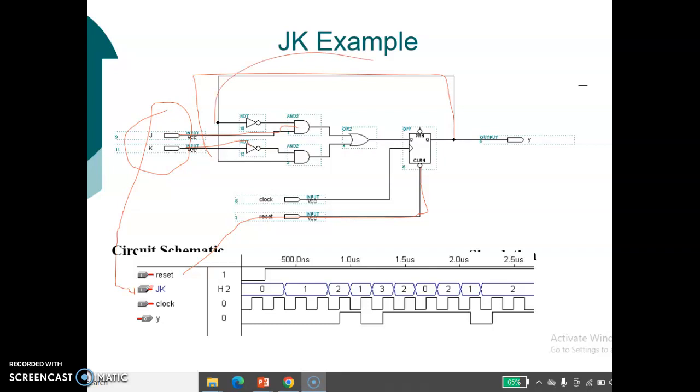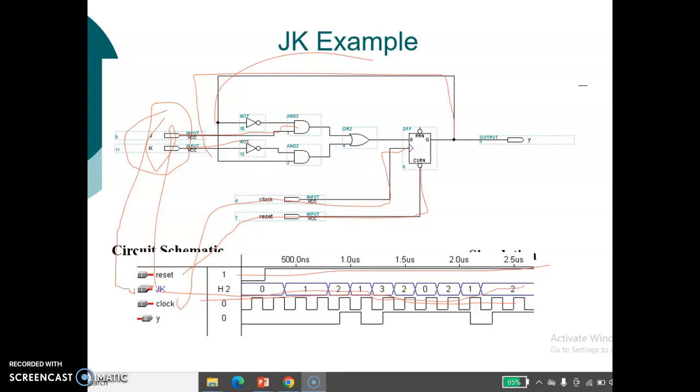Okay, so this is the clock: 0 1 0 1 0. After reset it will be 1 only. Depending upon the input, it will change.